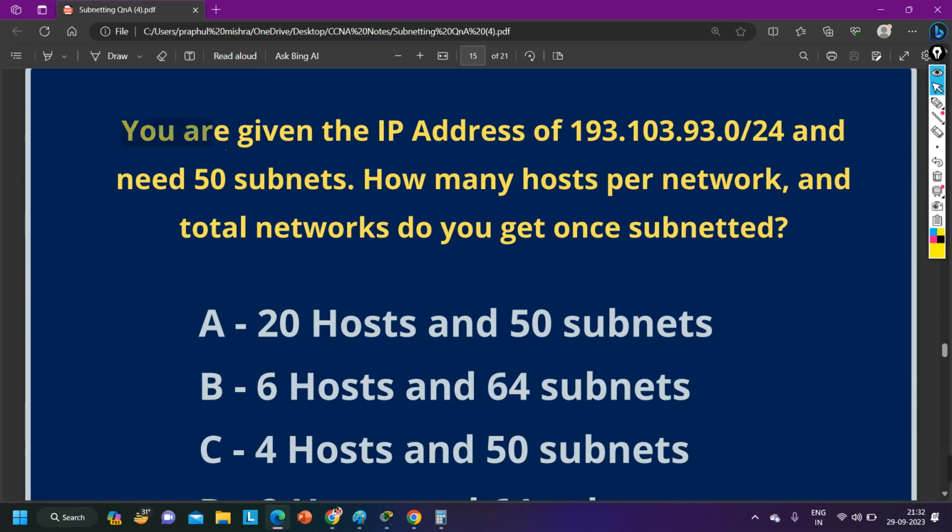Next question: you are given the IP address 193.103.93.0/24 and need 50 subnets. How many hosts per subnet, and what is the total number of networks you get after subnetting? You need to divide the network into 50 parts. What is the answer?